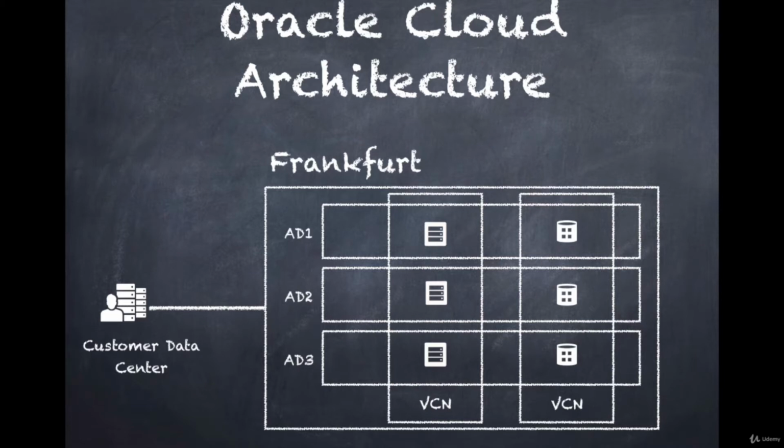Also, for some customers that can't use the cloud completely, or they want to keep some application on premise, they can create a VPN, or for example, they can have a dedicated connection in which they can extend the local data center to the Oracle Cloud.